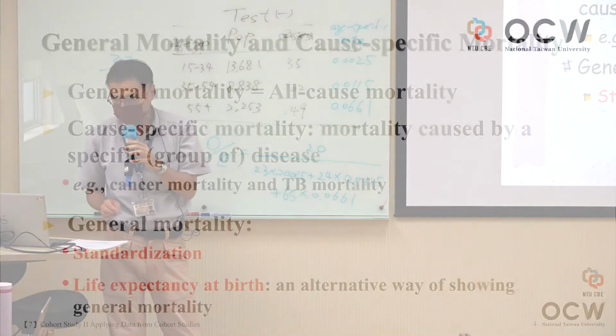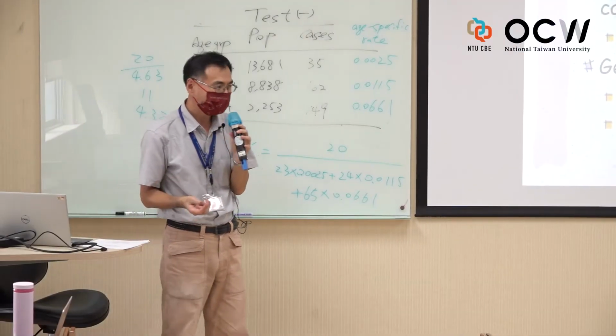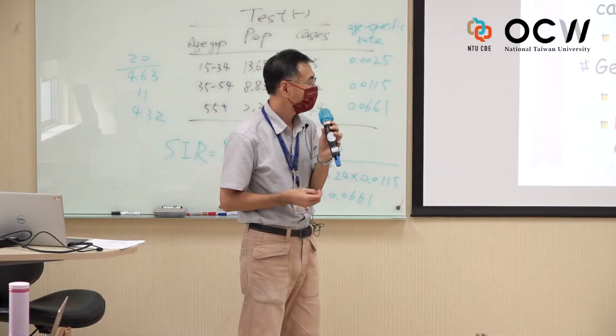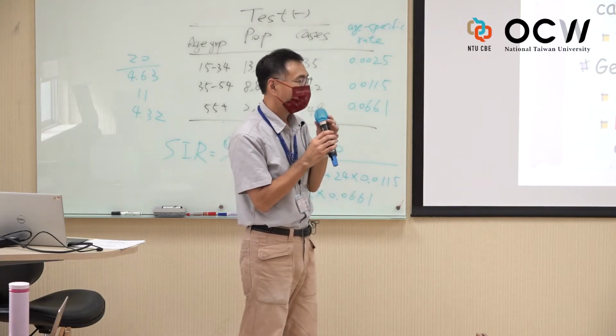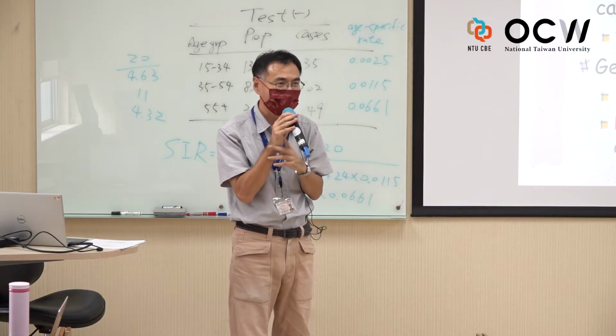Okay, so when we are trying to perform the comparison for general mortality, standardization will be the most useful and most widely accepted one for the adjustment for age and gender structure. And of course, if possible, we could also perform the adjustment for ethnicity or other demographics. But we rely on the information available from the standard population, right?